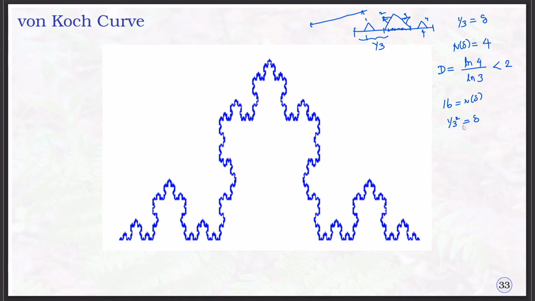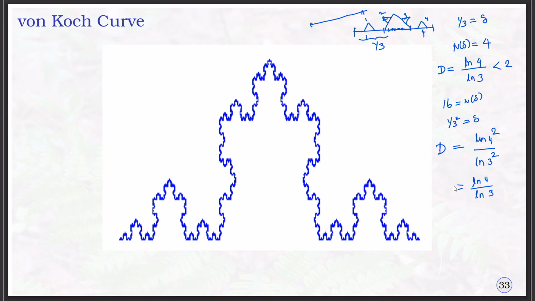If you are taking delta as 1 by 3 power 2, then the number of boxes required to cover the Van-Koch curve in the second iteration is 16. So if you are finding the d value, it is ln 4 power 2 by ln 3 power 2, which is equal to ln 4 by ln 3.